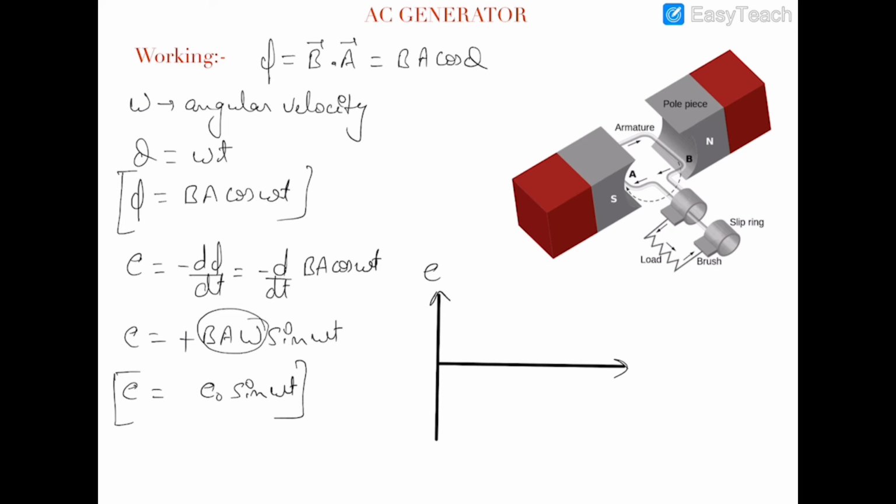Now this EMF is obviously alternating in nature, if I draw its graph, because you can see that it is a sinusoidal function. So if I draw the sinusoidal function, then it would be like that. So this is the EMF induced, and this is the peak value E naught, and this is minus E naught.